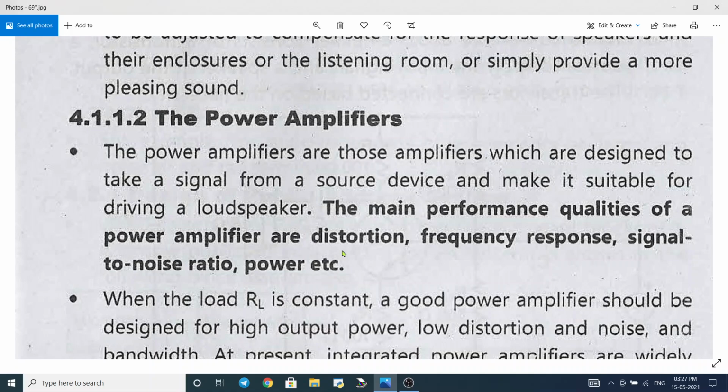So a power amplifier circuit should be designed in which care should be taken to reduce the distortion. It should have a proper frequency response. It should have a proper signal to noise ratio.